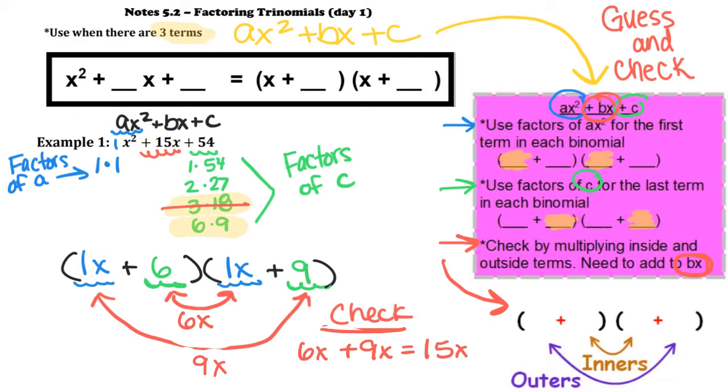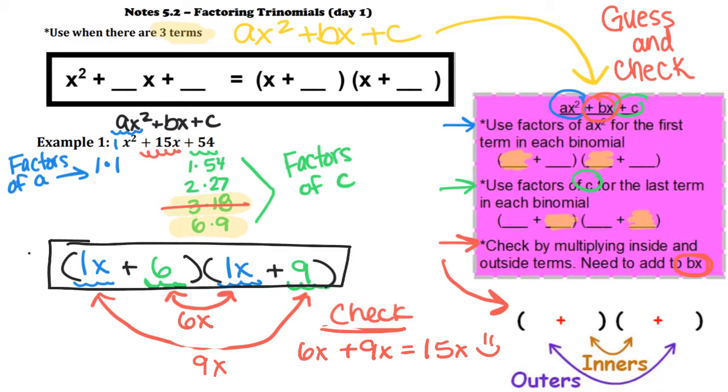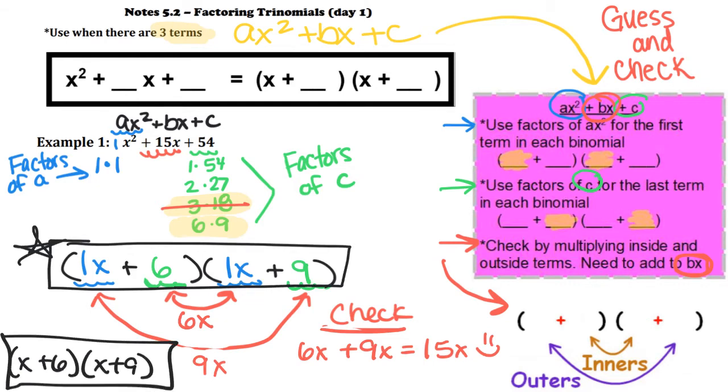Remember, back in the middle of our trinomial is the 15x. So hooray, this works. So my final answer is 1x plus 6 and 1x plus 9. You could also write that without the 1. An x plus 6 and x plus 9 would also work.